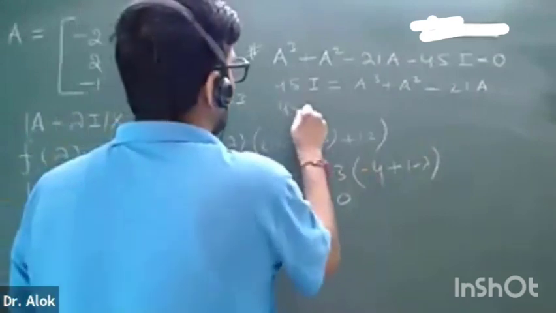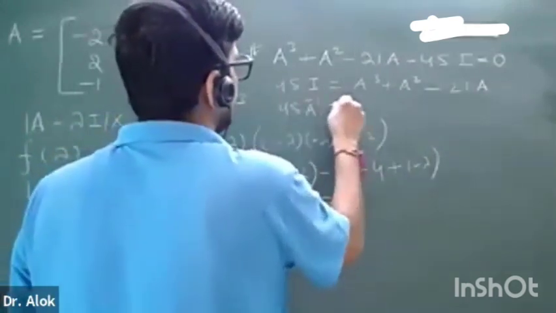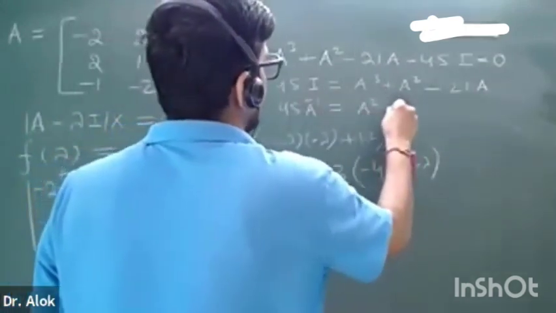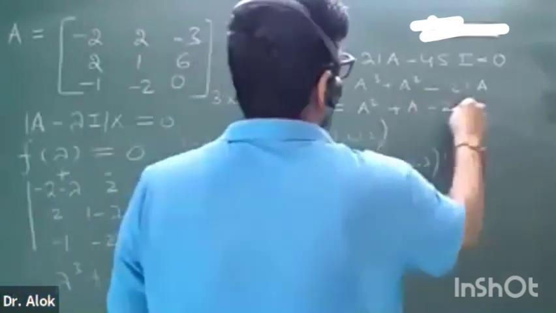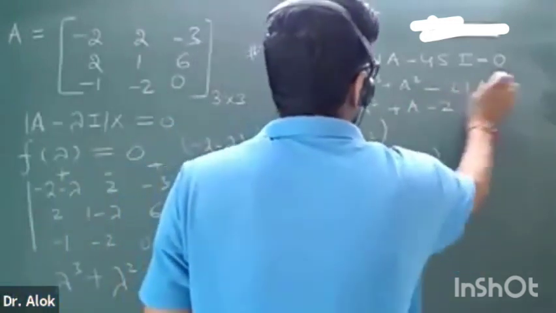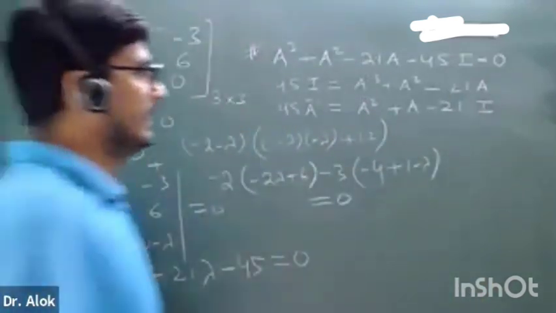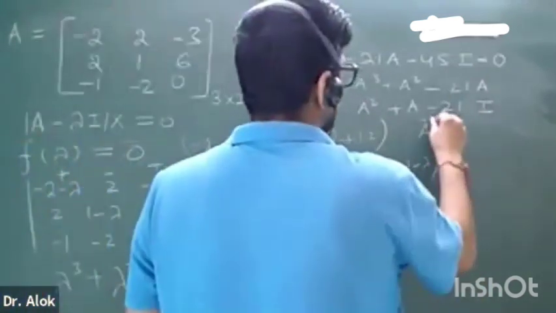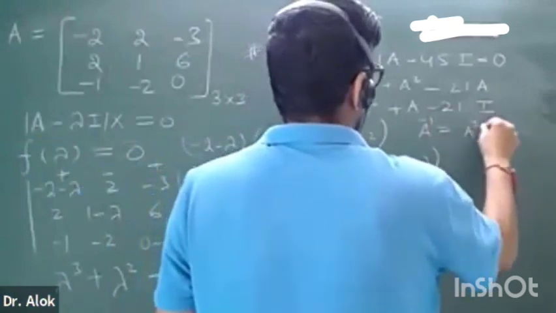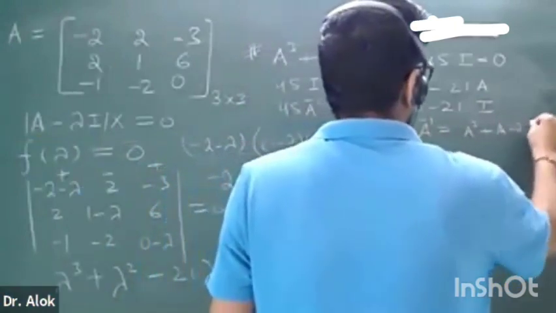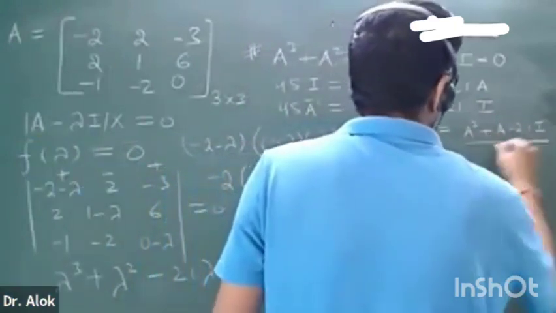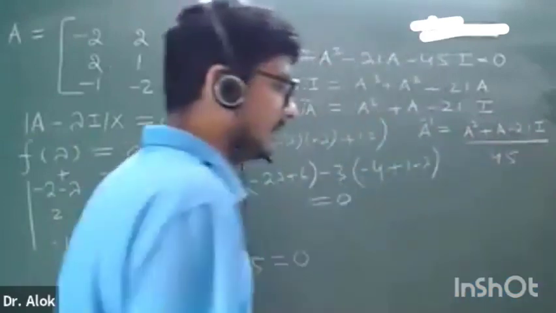So you will get 45 A inverse is equal to A square plus A minus 21I. So what is the value of A inverse? A square plus A minus 21I by 45. Please see this. This is very, very important.